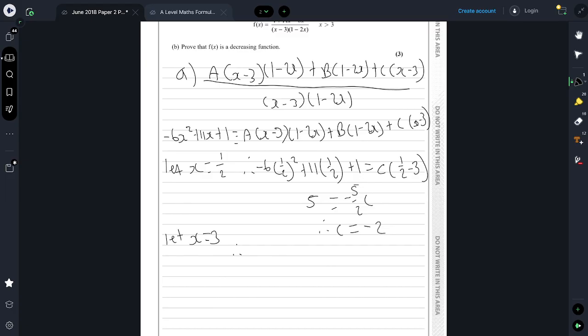So then substitute that in. Minus 6 of 3 squared plus 11 of 3 plus 1 is equal to b of 1 minus 2x. So that's 6. And yeah, we put that in the calculator.